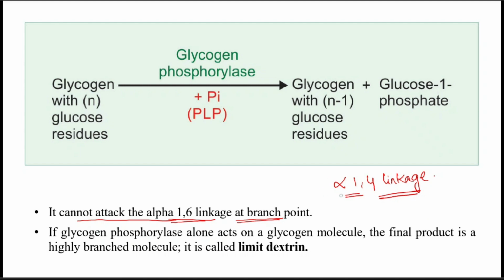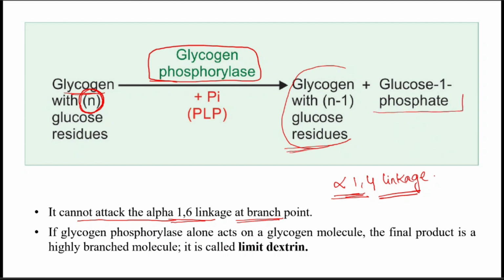Because of the attack on the alpha 1,4 linkage, if the glycogen molecule has n glucose residues, each cleavage by glycogen phosphorylase forms glycogen with n-1 glucose residues, and that glucose is liberated as glucose 1-phosphate.